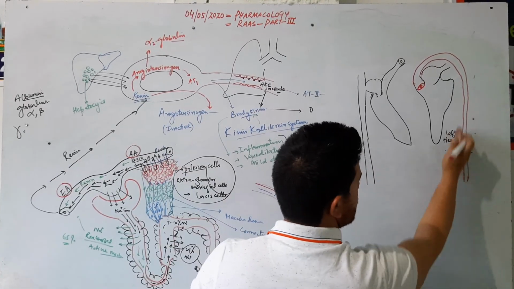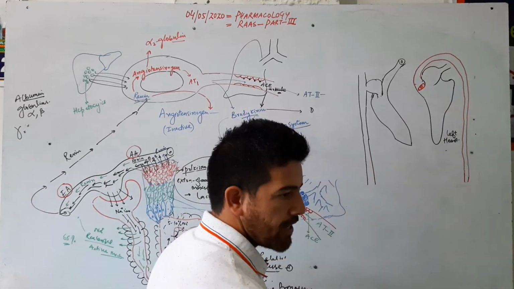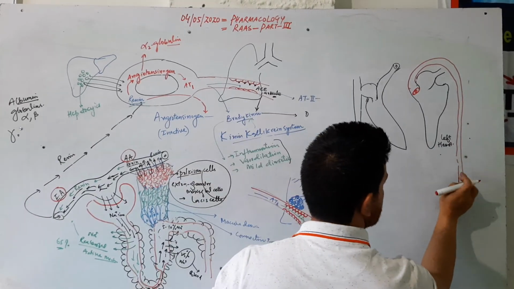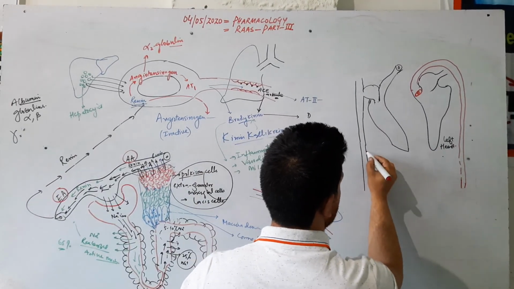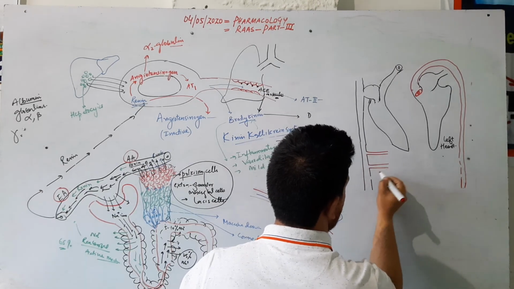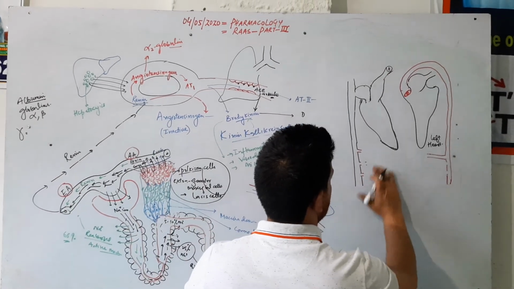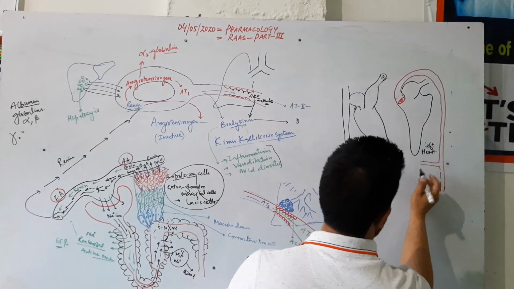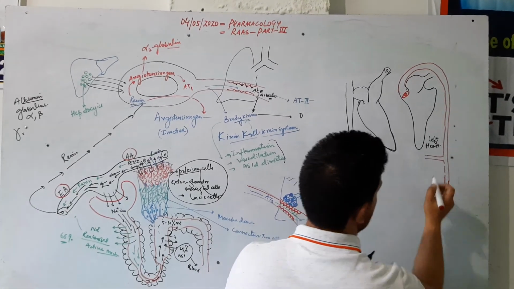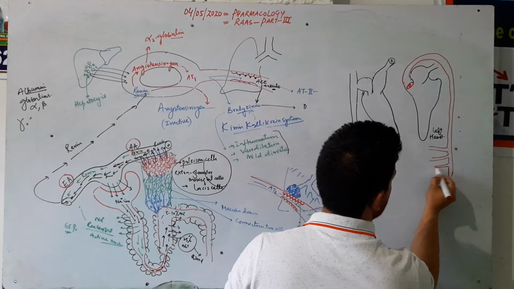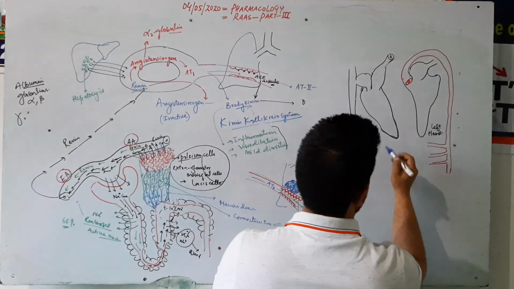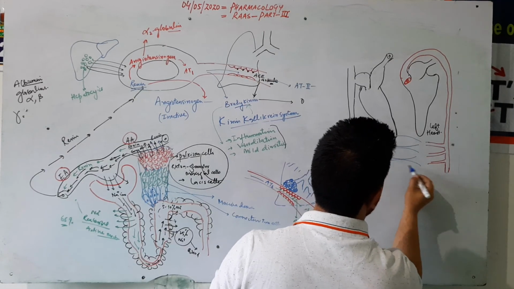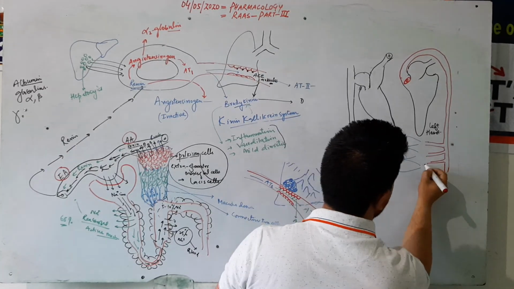Now, this is pure section, or I can say oxygenated section, and this is deoxygenated section. From these, there is outgrowth of, here, these are venules and these are arterioles. They join at a spot here. Capillary bed, I can say.